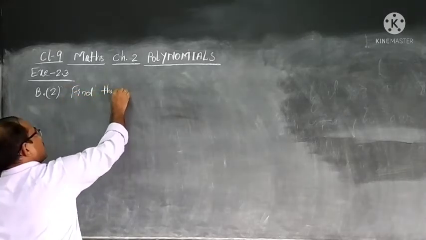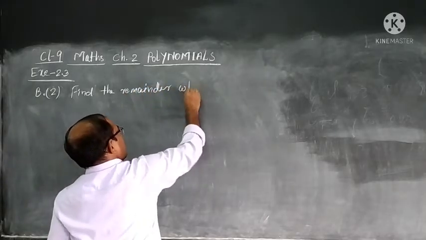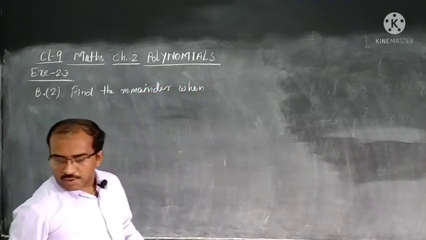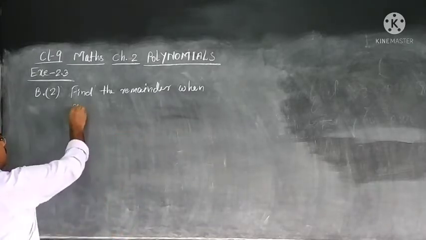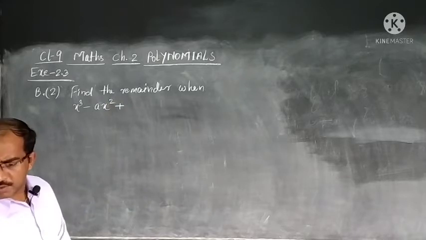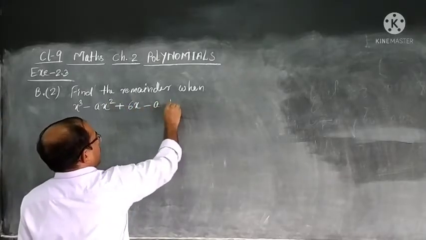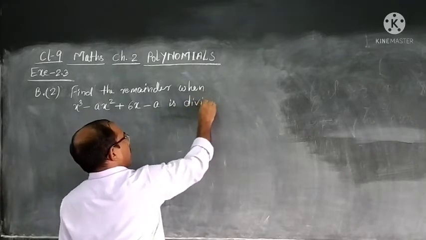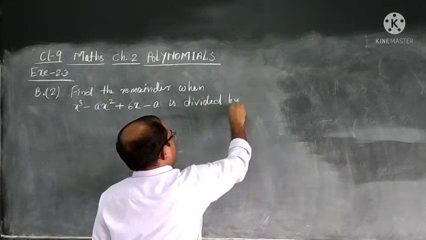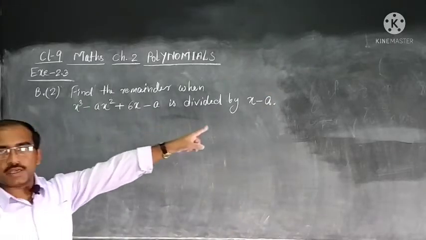So, the dividend is this, the divisor is x minus a.